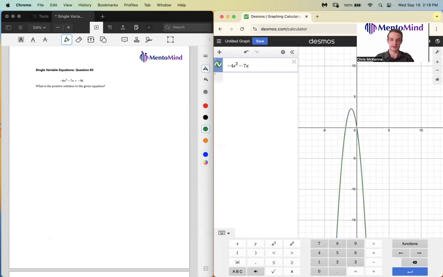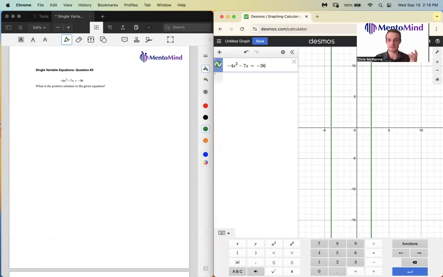So I'm just going to plug this function into Desmos, and we don't even have to bring that -36 over. We can just type in the equation exactly as it appears. The solutions are -4 and 2.25. Okay, so the problem asks us for the positive solution to the equation. 2.25 is the answer, and our work is done here.